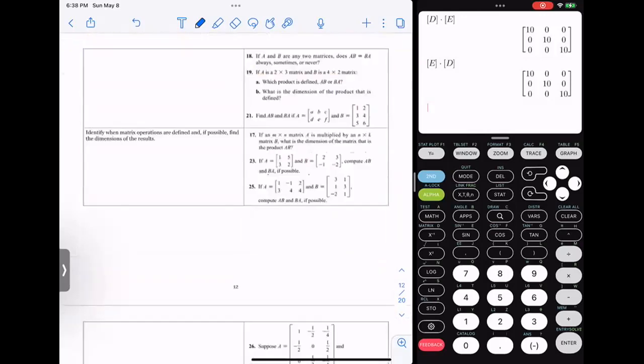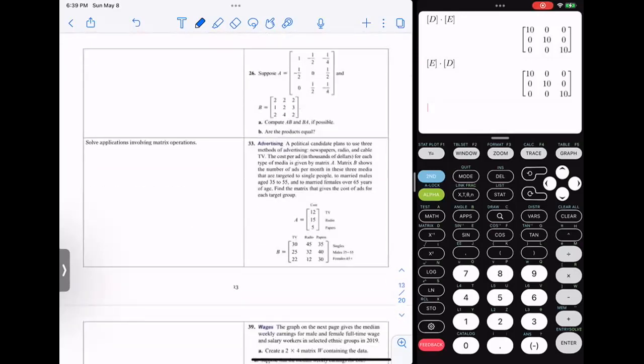All right, let's look at page 12. Any questions on page 12? All right, if there are no questions on page 12, page 13. Any questions on page 13?